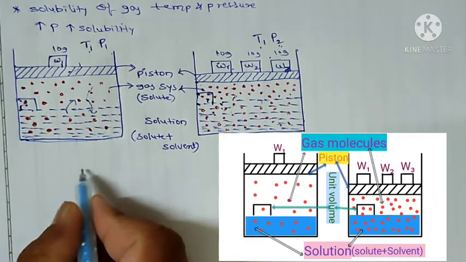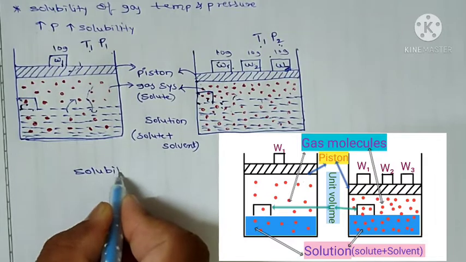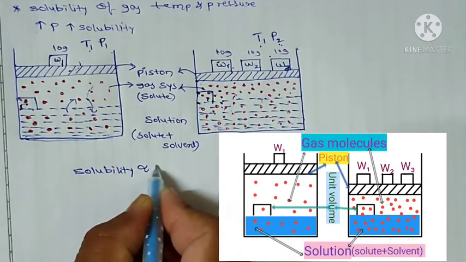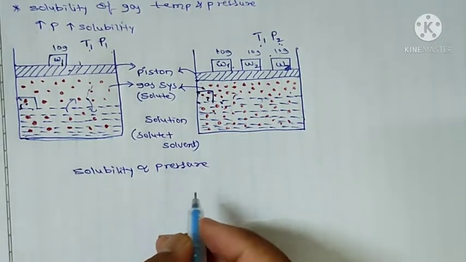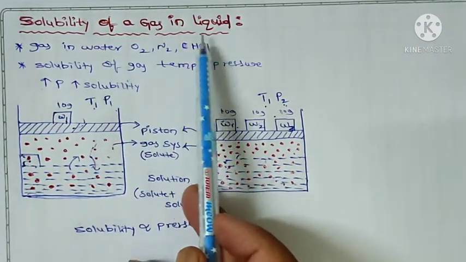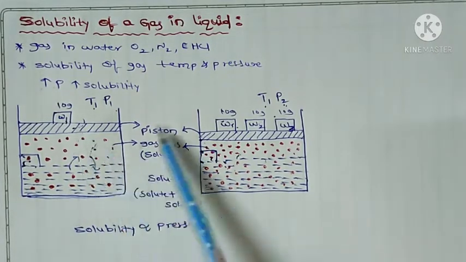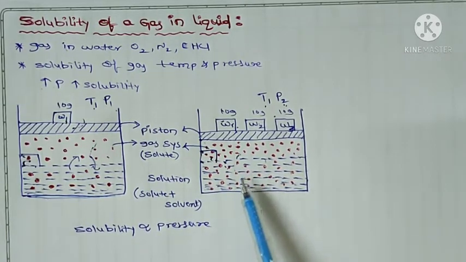So here solubility is directly proportional to pressure. With the increasing of pressure, the solubility of the gas in a liquid will increase.